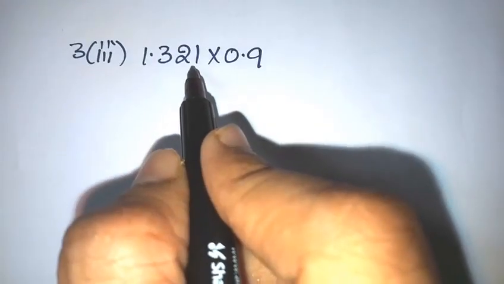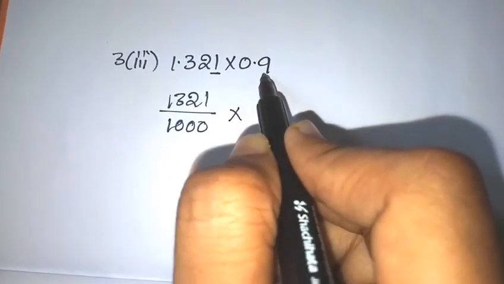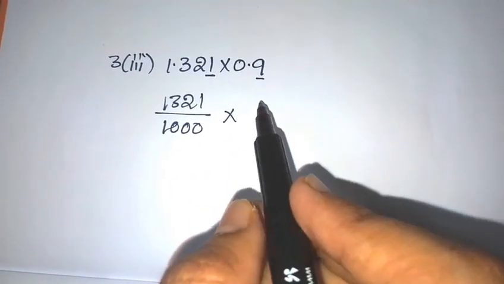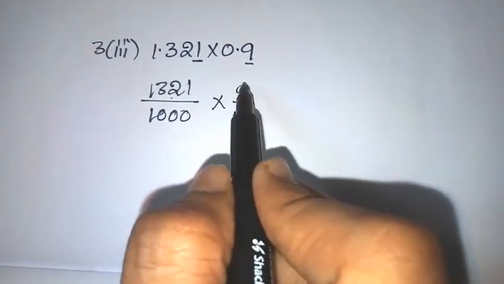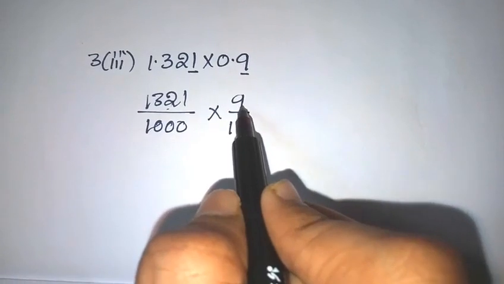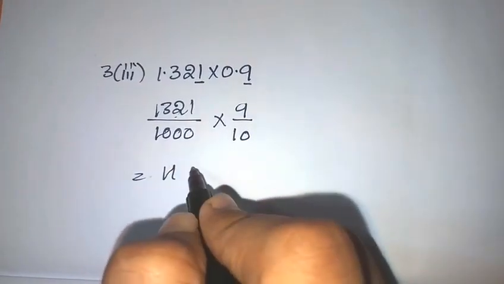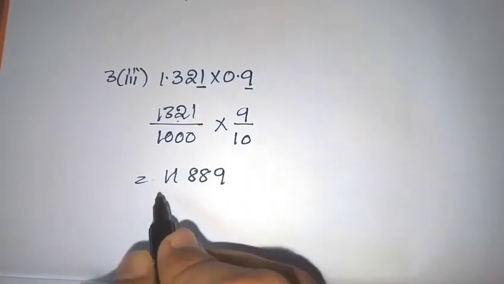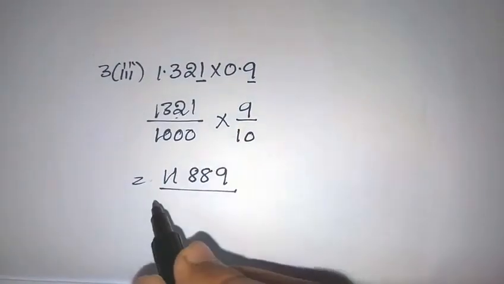Next problem, third Roman, third one, 1.321 into 0.9. In 1.321 the last digit is 1, the place value of 1 is thousandth, meaning 1 by 1000. So remove the decimal: 1321 by 1000 into, in 0.9 the place value of 9 is tenth, meaning 1 by 10, so 9 by 10. Multiply numerator into numerator, 1321 into 9, you will get 11889, divided by, multiplying denominator into denominator, 1000 into 10, that is equal to 10,000.